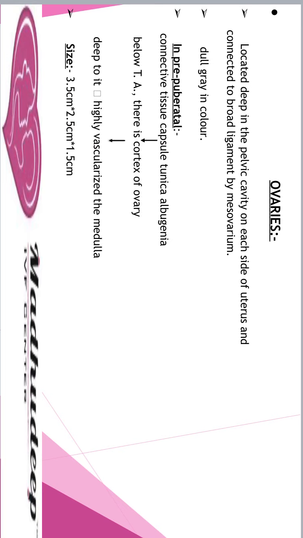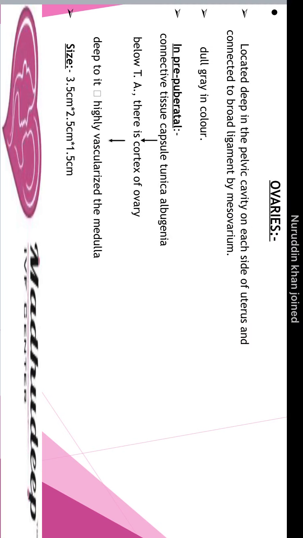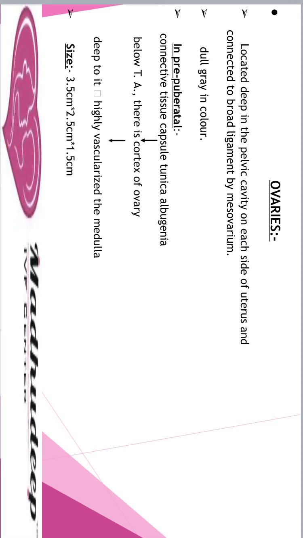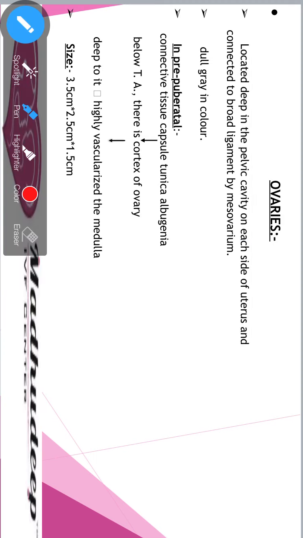There is a difference in the stages of the ovaries before puberty and after puberty. In a pre-pubertal state, there is a connective tissue capsule called tunica albuginea, and below it there is the ovary. There are three layers like that.